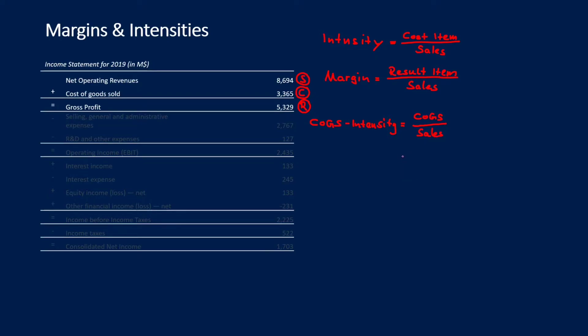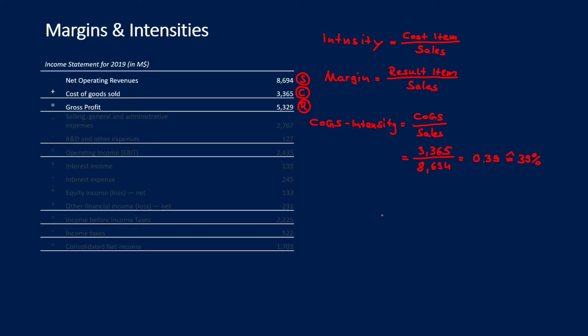And in this particular example, we now divide 3,365 by 8,600. So let's grab a pocket calculator, and that is 0.39 or equivalent 39%.